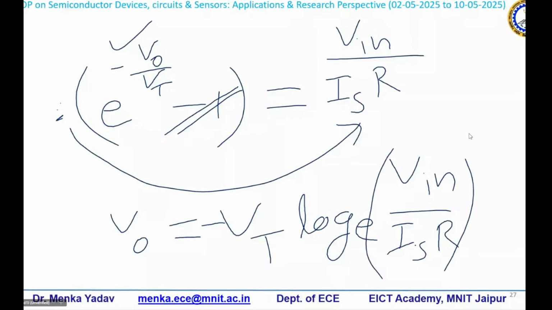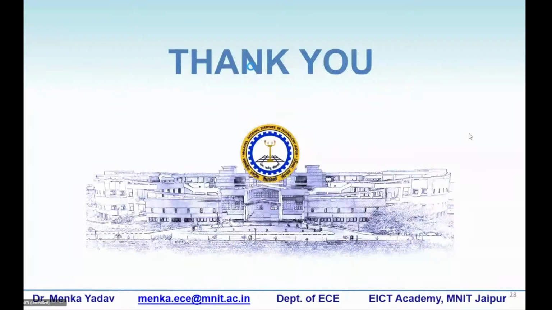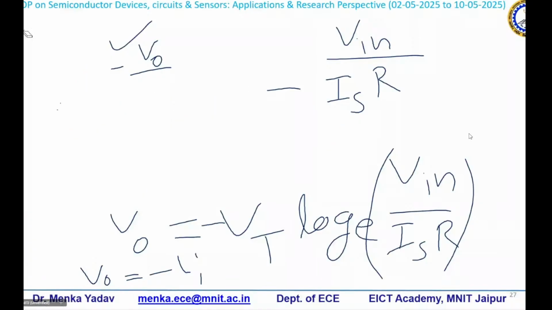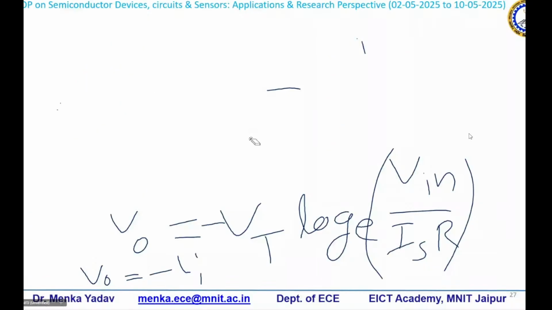You can represent it in this way, that VO is equal to minus Vt. Let me remove some of the portion.